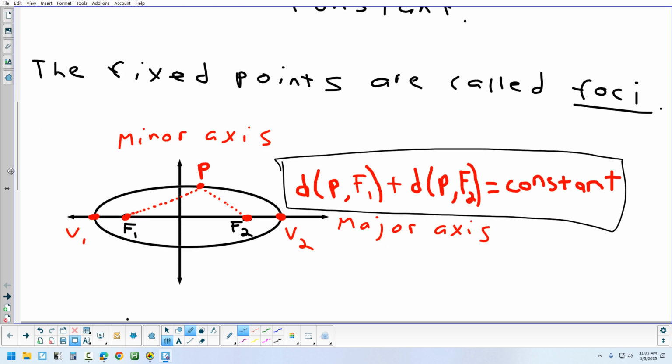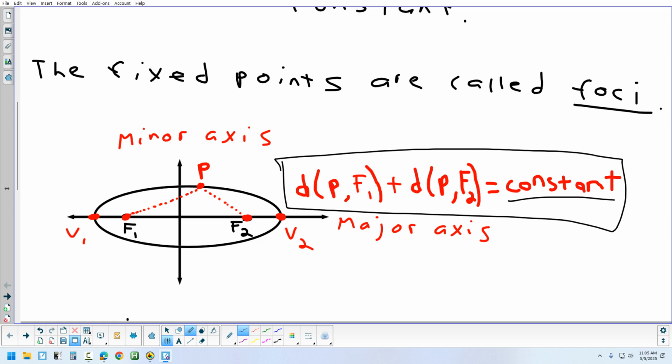If you measure the distance from any point to the first focus, and then measure the distance from that point to the second focus, and add them together, it always comes out to a constant. What that constant is can change in different size ellipses. I think in ours it was 17.3 or something like that.